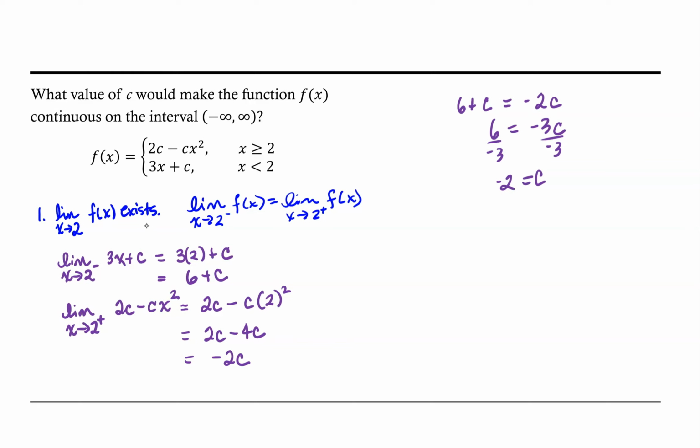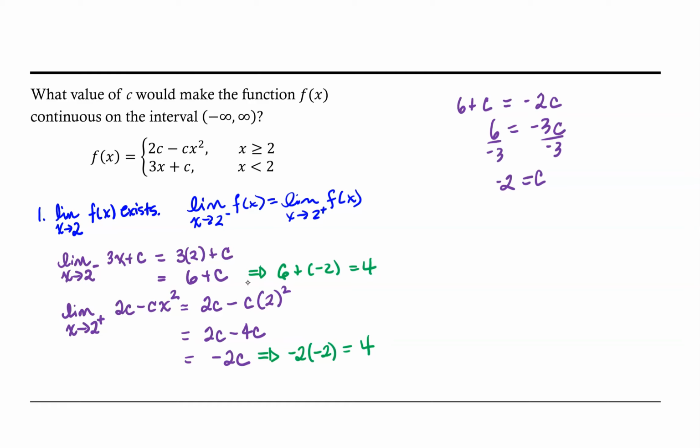So in letting c equal negative 2, we have guaranteed that the limit as x approaches 2 of f of x exists, and we could think of that limit as 6 plus negative 2, which is 4, from the left, and from the right we'd have negative 2 times negative 2, which is also 4.